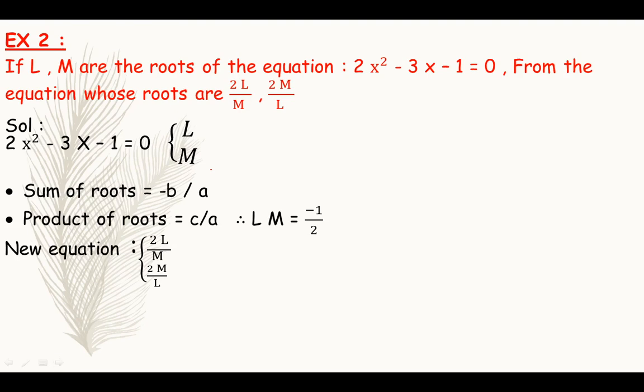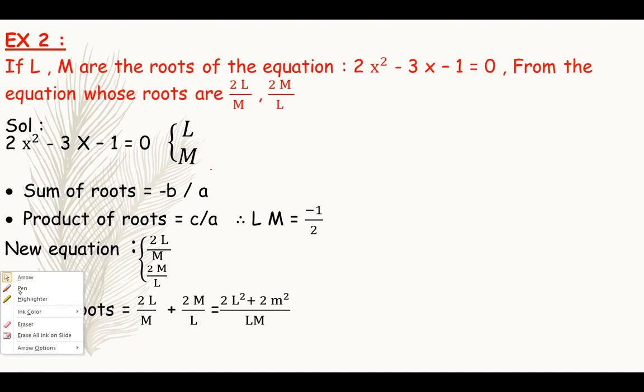The new equation has two roots, 2L over M and 2M over L. Sum of roots: 2L over M plus 2M over L. Here again, one of the important steps, how to add two fractions together. We multiply the denominators, LM. 2L multiplied by L is 2L squared, and 2M multiplied by M is 2M squared.